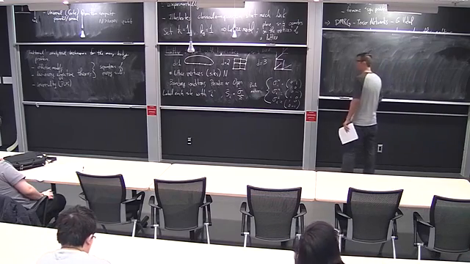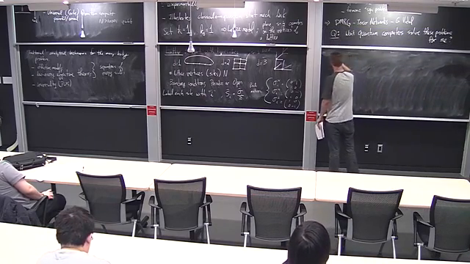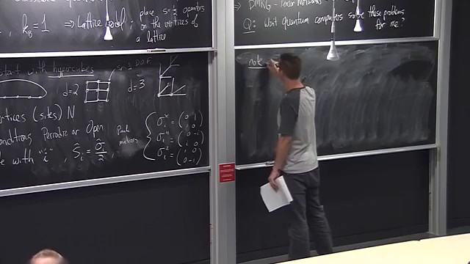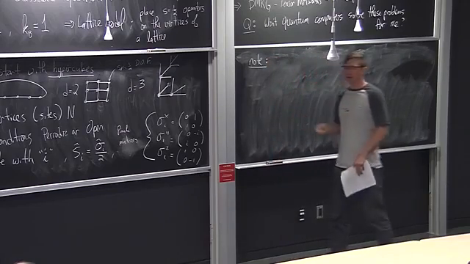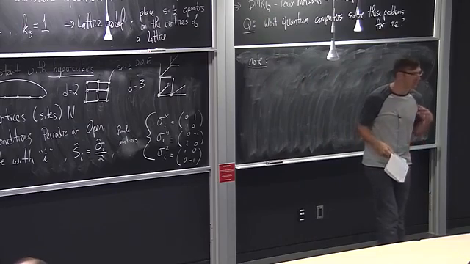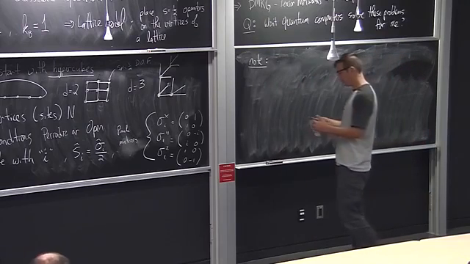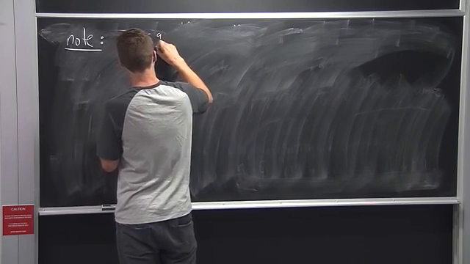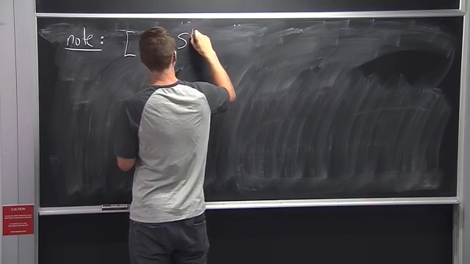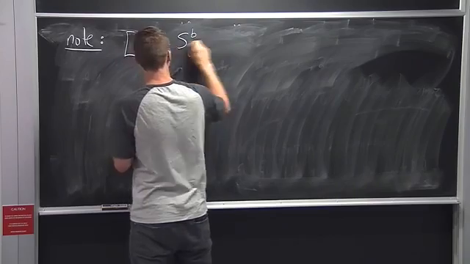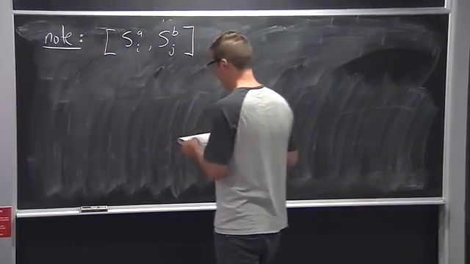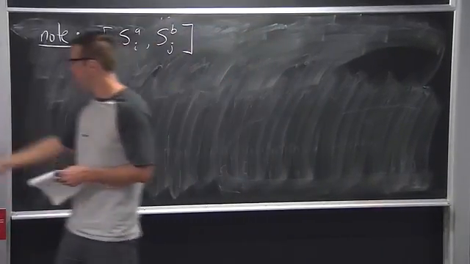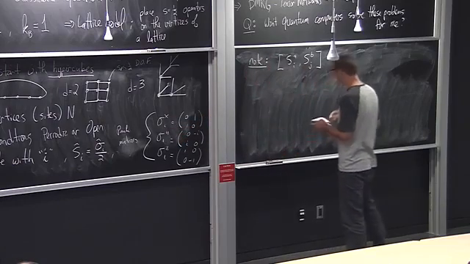So you probably know the commutation relations for spins. The important thing to note in a many-body system is operators on different site labels commute. So I can write the commutation relations with i and j. a and b are my components, x, y, or z.